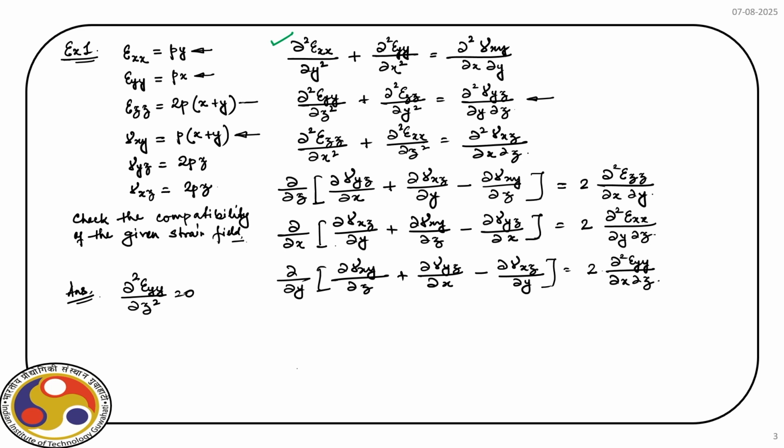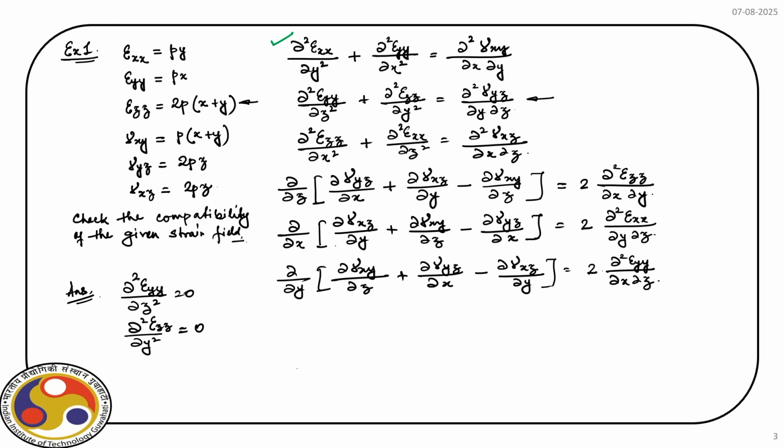Similarly, if we consider epsilon zz and differentiate with respect to y twice, first we differentiate once and we will have 2p, and the moment we differentiate twice, we will have 0.